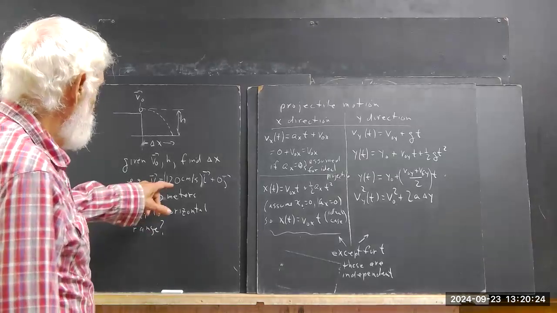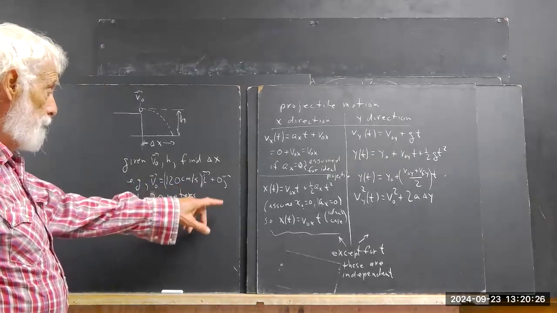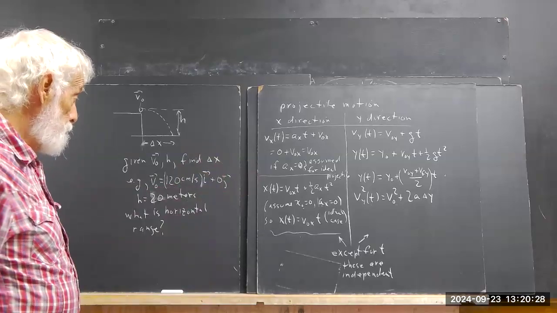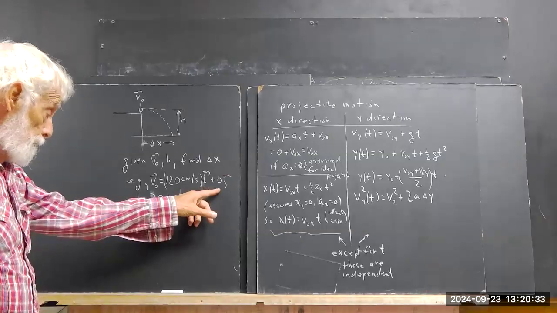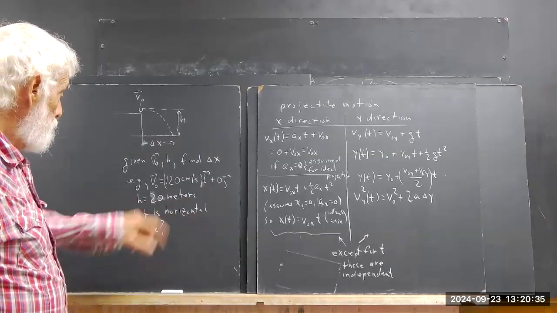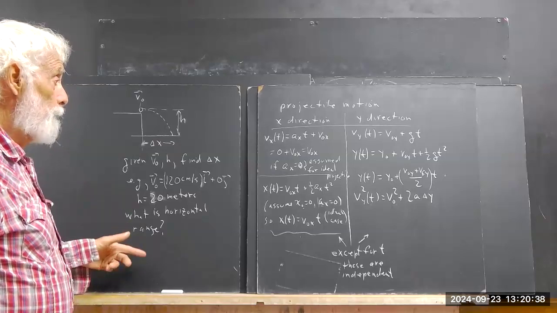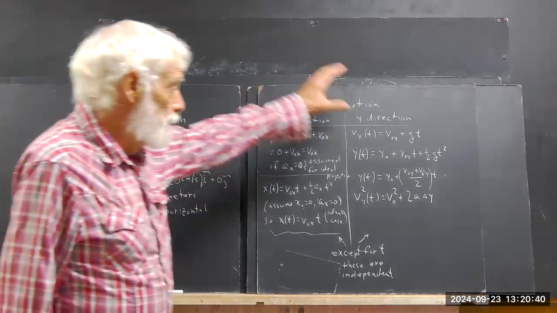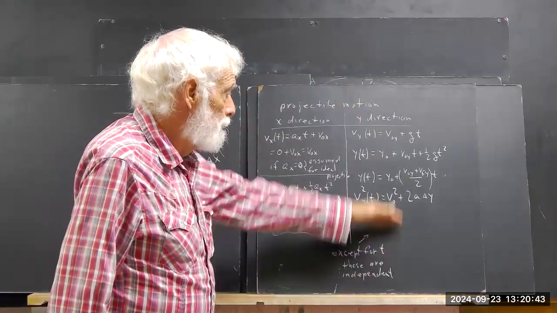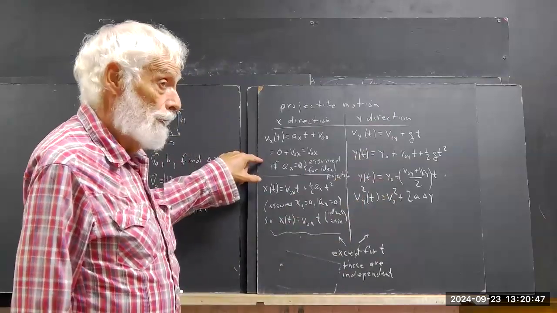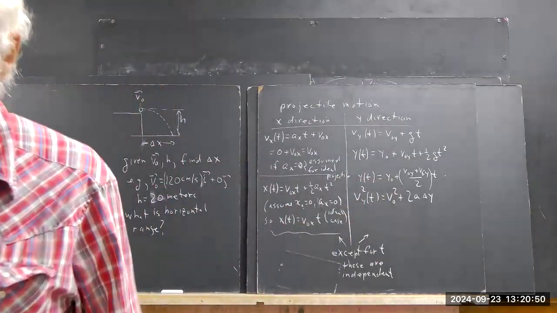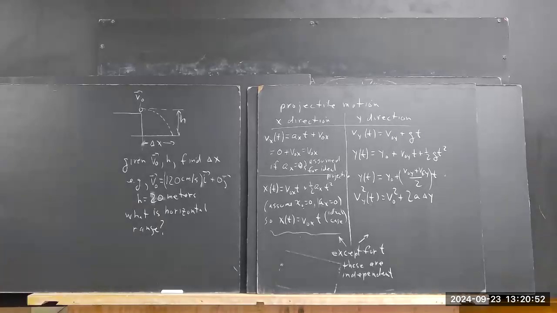For example, you know it's 120 centimeters per second times the i vector plus 0 times the j vector. In other words, motion is horizontal, 120 meters per second, 0 in the y direction, and minus 20 meters. And what's the horizontal range? Question is, how can we use the y direction to determine the x motion? Start with what we know. What do we know about these symbols in the y direction?